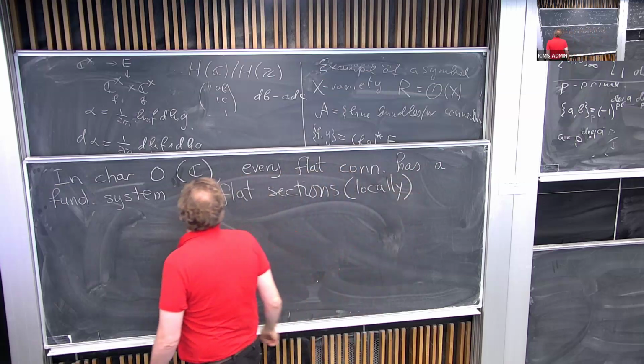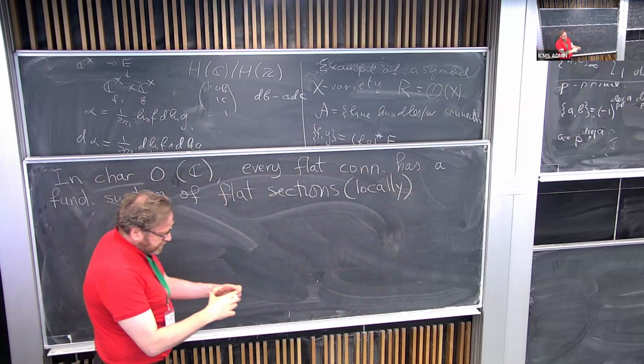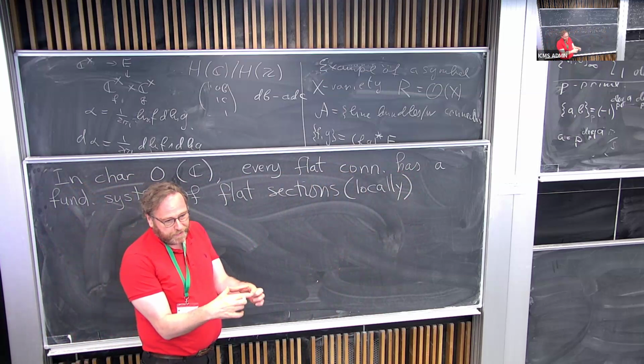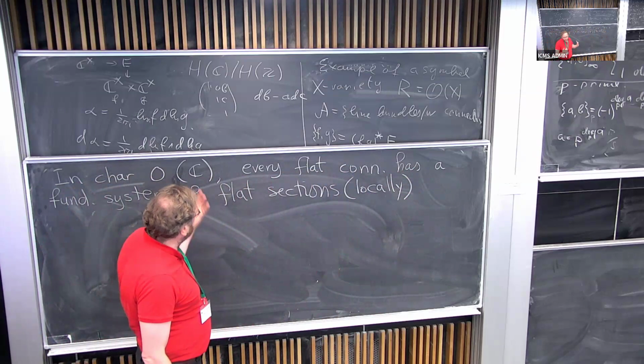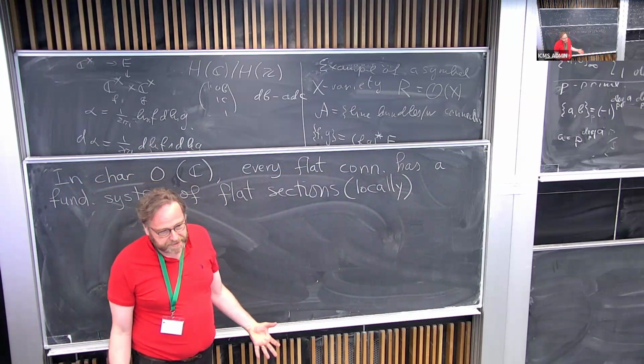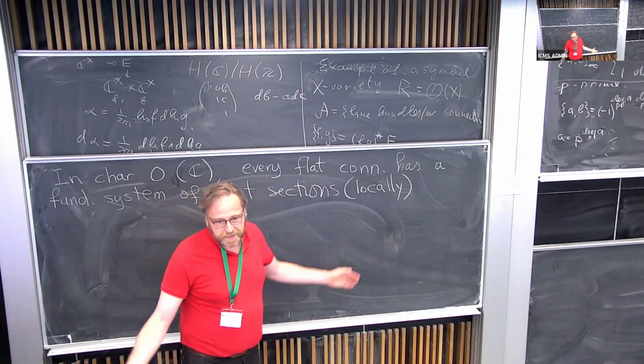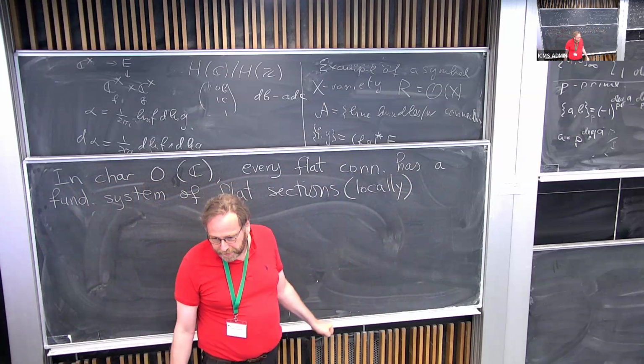And so it's true over C on a small disk around my point. And if I use formal power series, it's true over any field of characteristic 0. Just existence and uniqueness of solutions of differential equations.